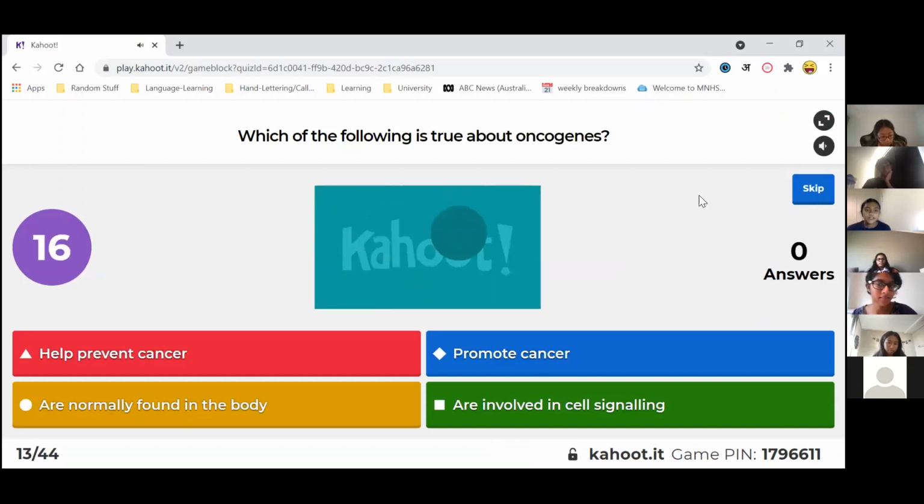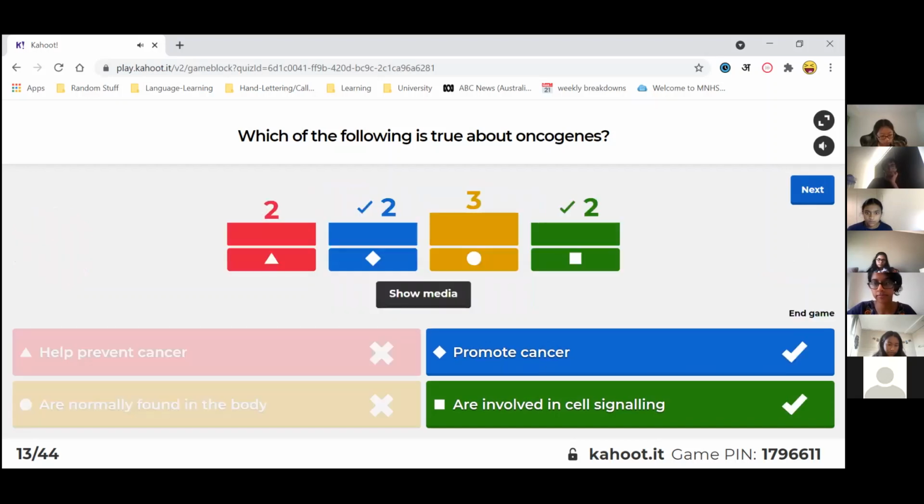So which of the following is true about oncogenes? Okay, so they don't prevent cancer.